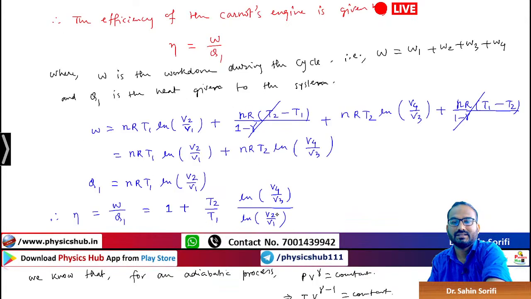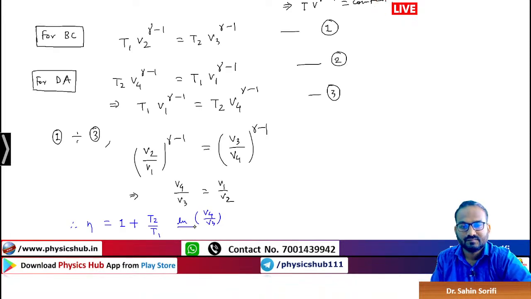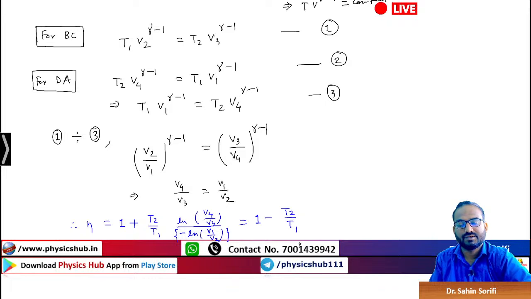So let's write it as minus of ln V1 by V2, and write it in the denominator. If you introduce a minus sign, we can write, instead of V2 by V1, V1 by V2. Now ln V4 by V3 is same as ln V1 by V2, so this we can cancel. So we can write 1 minus T2 on T1.